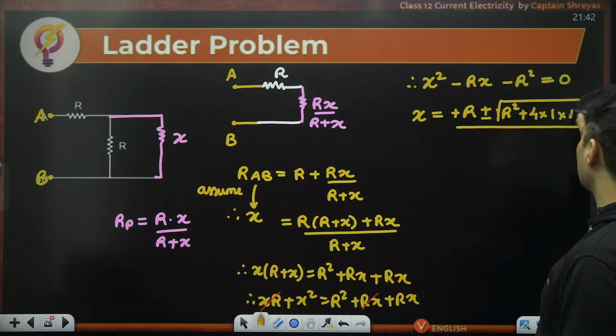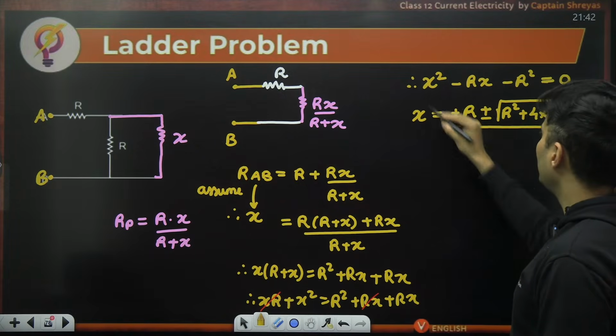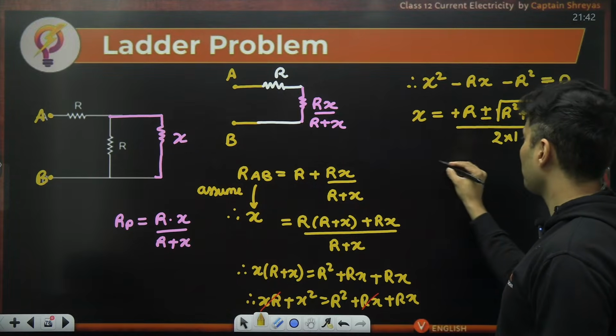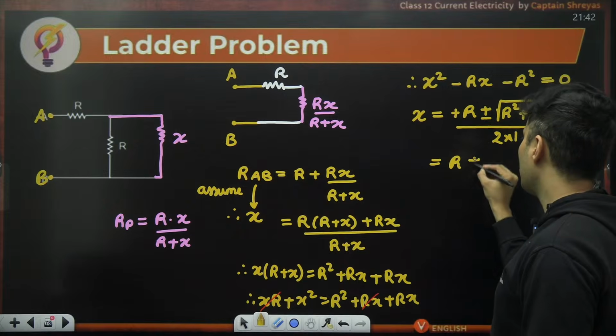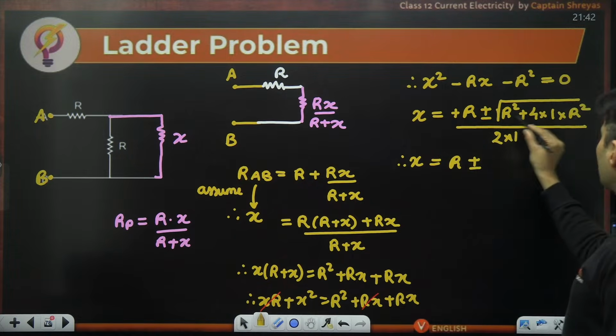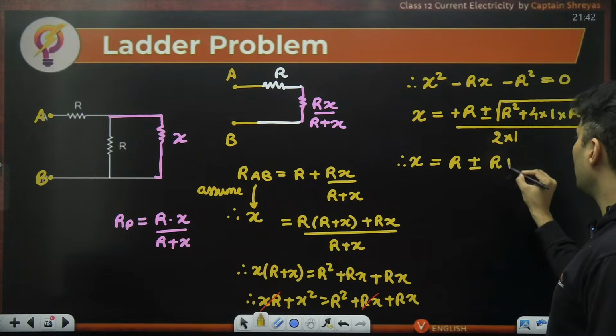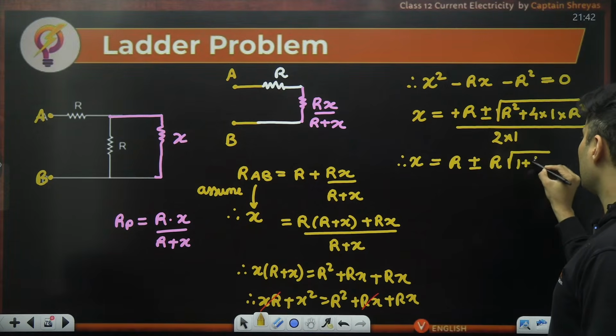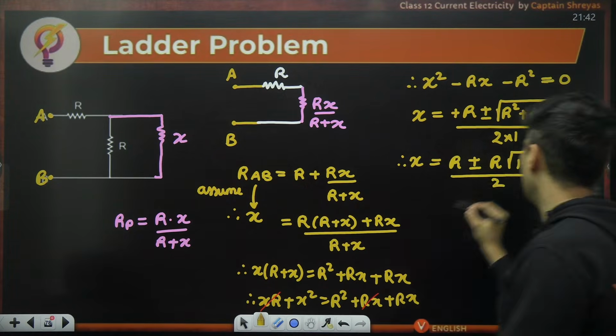So minus becomes plus R square, divided by 2a, which is 2 multiplied by 1. So therefore X is equal to R square can be taken outside the root. It will become just R, and it will be 1 plus 4, of course, divided by 2.